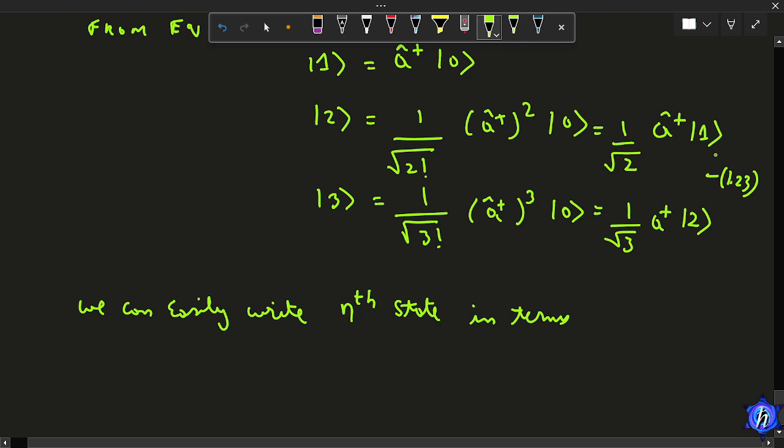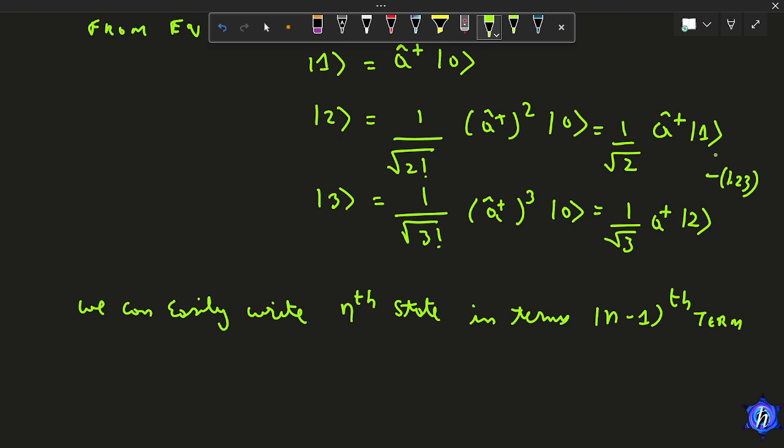Here we have the nth term, and here we have the n minus 1th term. If n is 2, n minus 1 is 2 minus 1, which is 1. If n is equal to 3, n minus 1 is 3 minus 1, which is 2. So this shows a pattern. We can easily write the nth state in terms of the n minus 1th state.